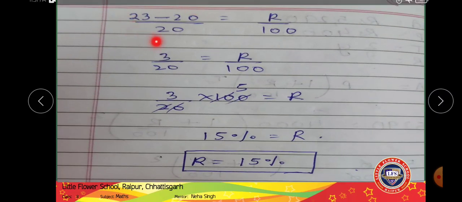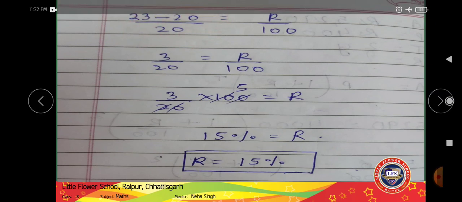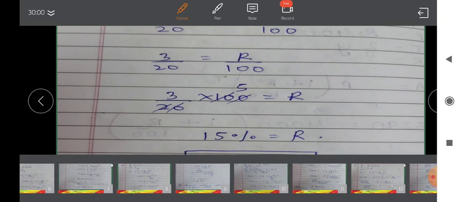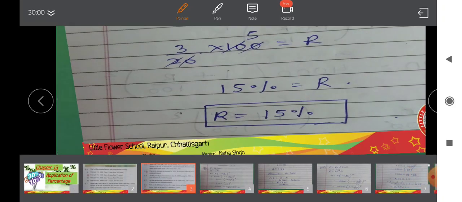So when we are taking the LCM and solving, we are left with 3 upon 20 equals r upon 100. So now 100 will go and multiply here, 0 0 getting cancelled, 2 1s are 2, 5 2s are 10, 5 into 3 is 15. So rate is 15%. Understood how to find the rate in the given question?